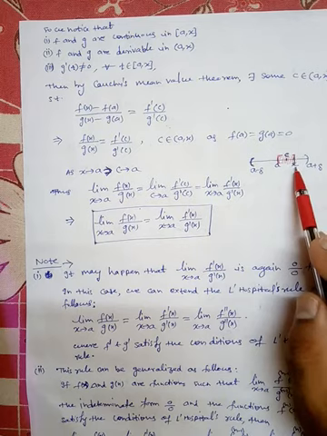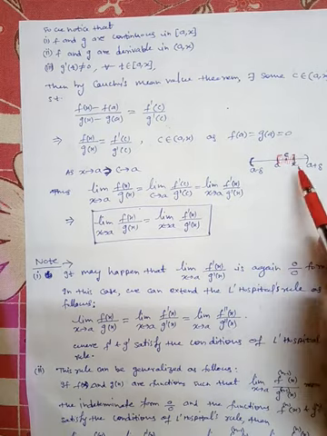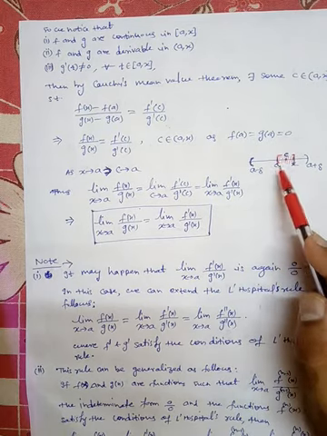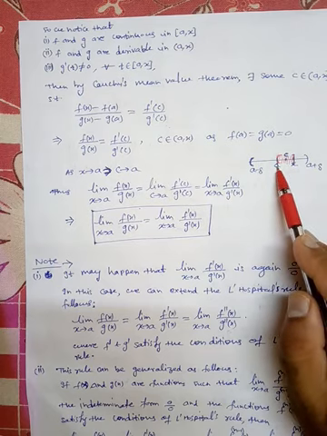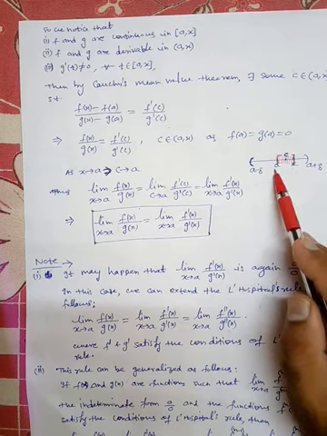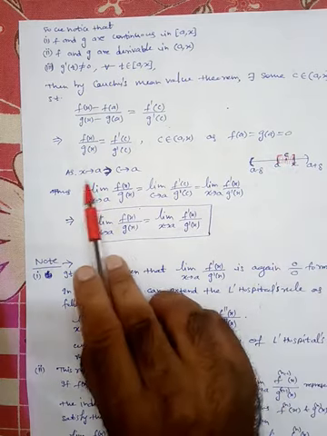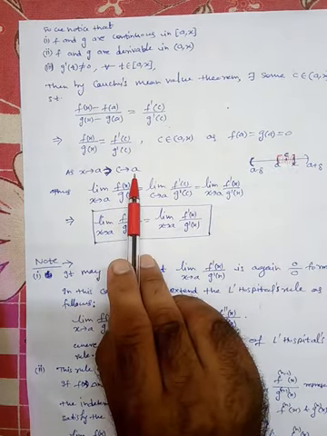Now when this x tends to a, then obviously c is also tending to a, because every point of this interval is tending to a, so c is also tending to a. Hence when x tends to a, c tends to a.